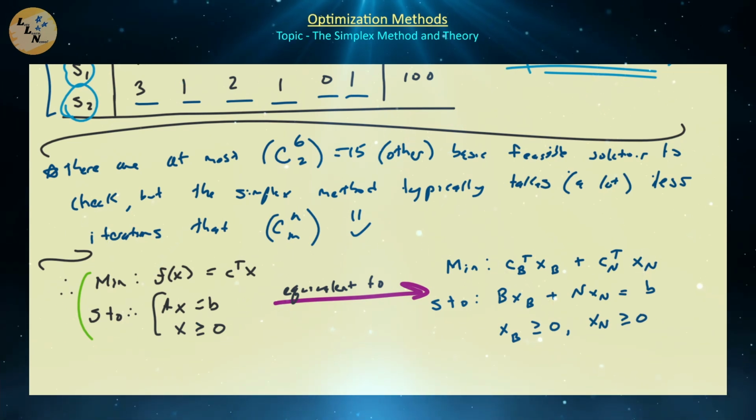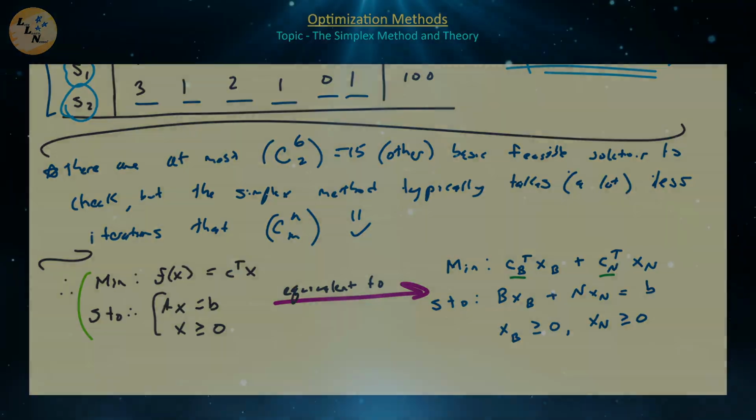So that is the partition form in terms of basic and non-basic variables and basic and non-basic matrices B and N. And just in case you are unsure about those coefficients, those are just the coefficients associated to our basic and non-basic variables that we have chosen for a particular iteration of whatever method we're working with.